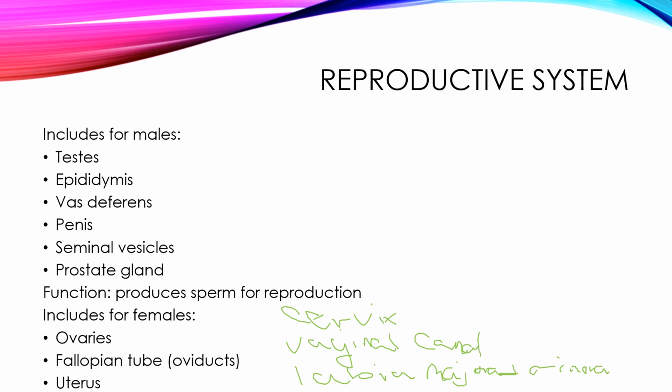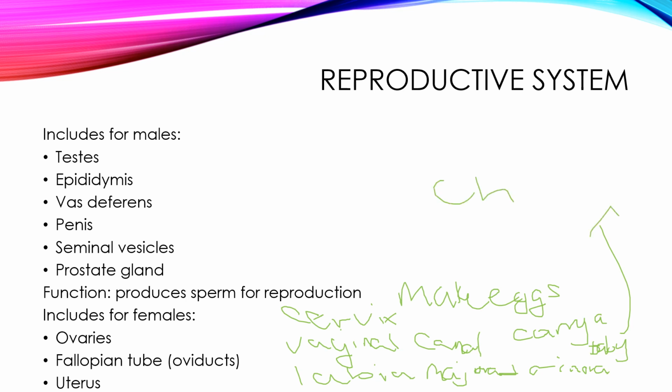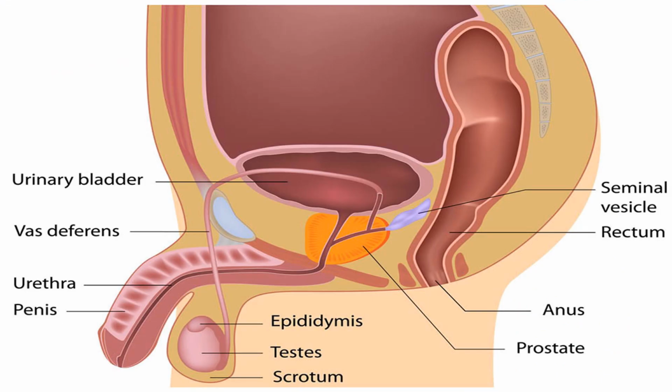So we make eggs, and carry out pregnancy, so carry a baby, and birth a baby. Running out of room here. But overall, both sides, same thing, reproduction.